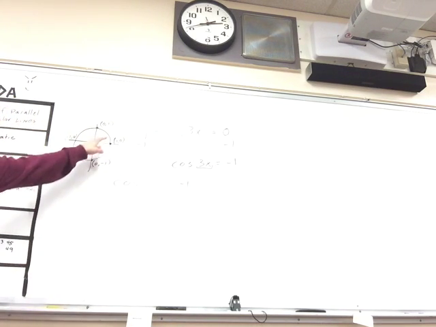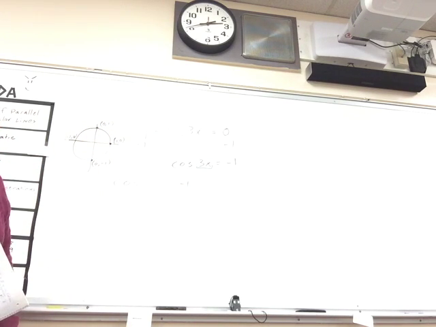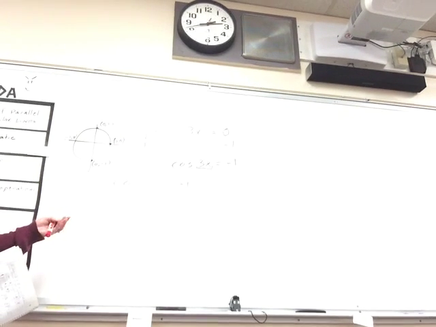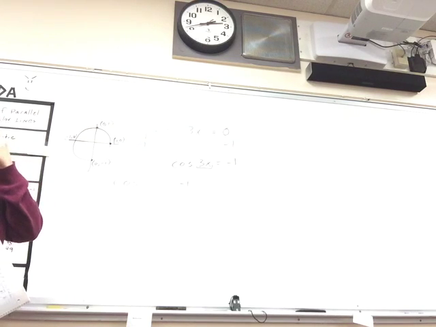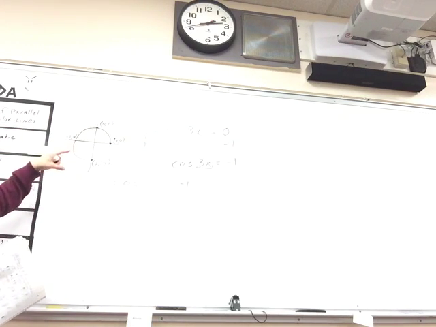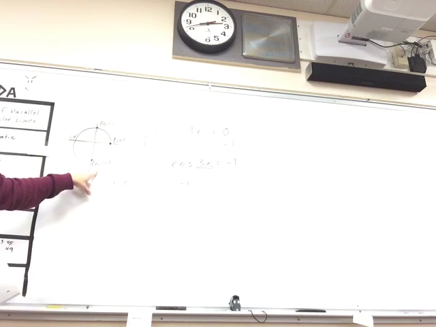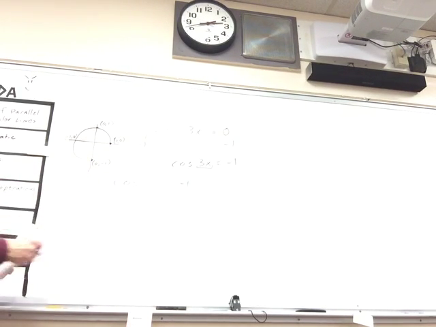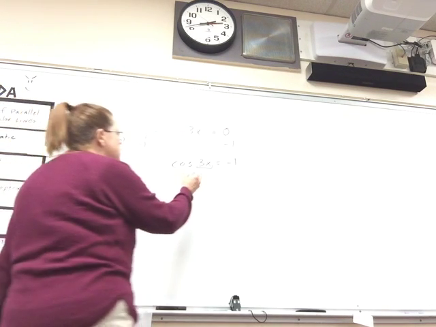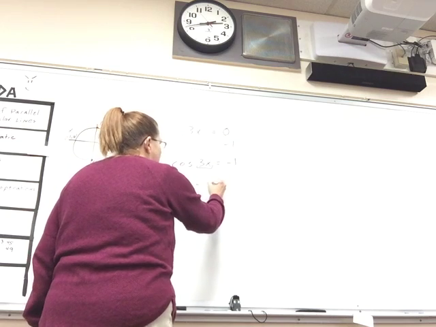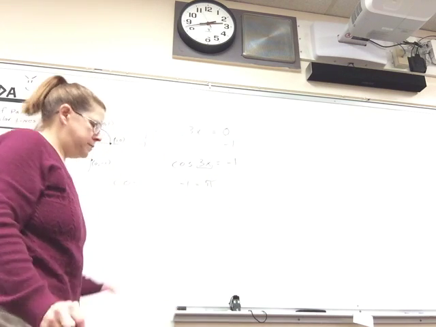Does cosine go with the x or the y of each one of these points? If you look on your sheet, somewhere on the other page, it tells you it goes with the x. So cosine goes with the x value. Here's where x is -1. So this happens at pi.